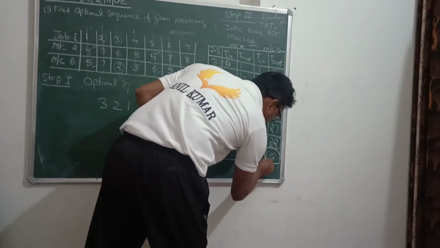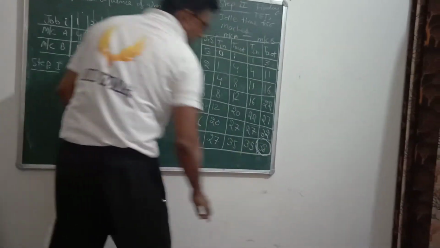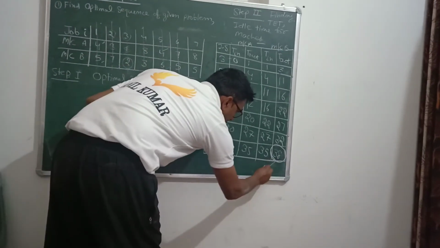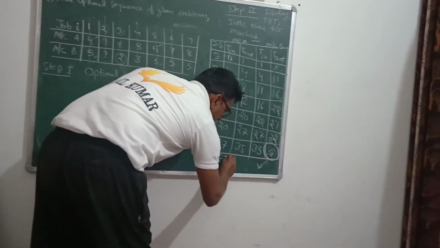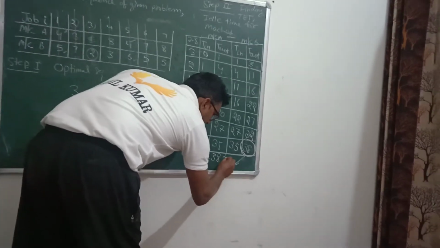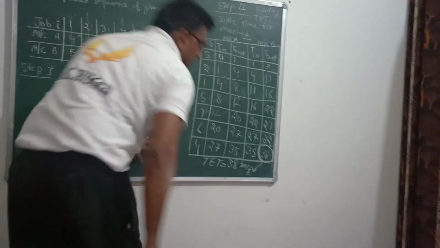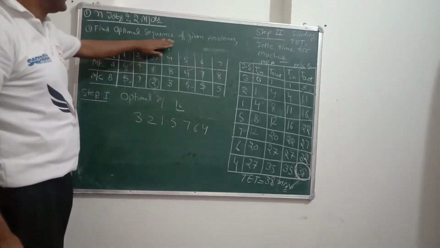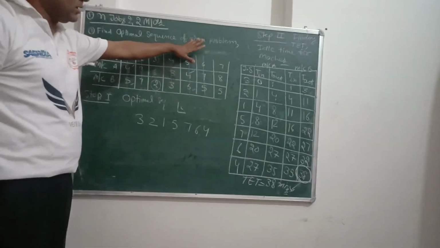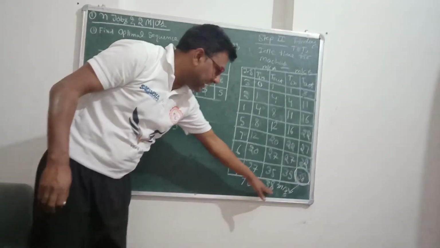So this is the total elapsed time. The total elapsed time is 38 minutes for this optimal sequence problem.